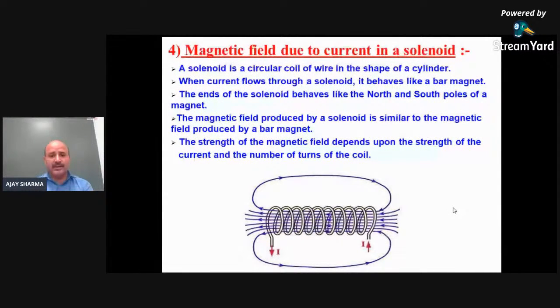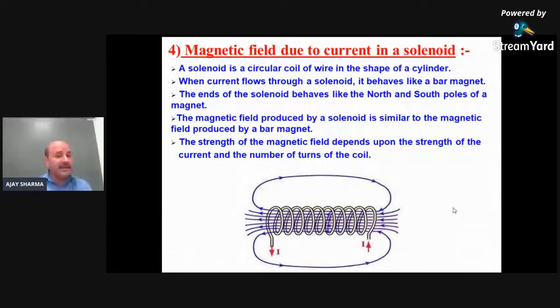Now in the diagram you can see the magnetic lines flowing from north to south, and a very interesting aspect about these magnetic field lines is that they are continuous curves. Earlier I had not mentioned this when we were discussing the properties of magnetic field lines, but now it is clear.